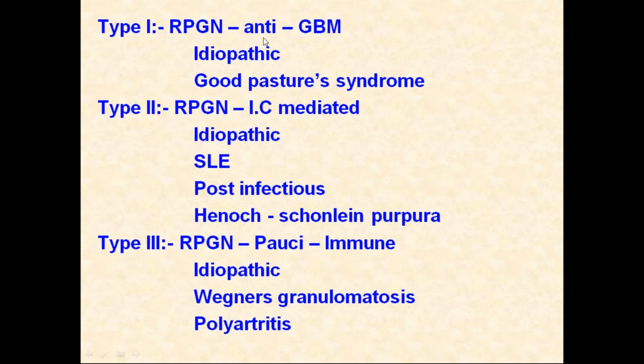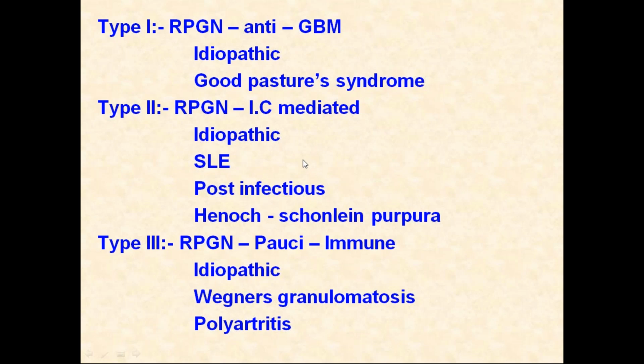What is type 1 RPGN? Anti-GBM antibody mediated injury occurs in type 1, with antibody against the glomerular basement membrane. The conditions involved are idiopathic and Goodpasture syndrome.